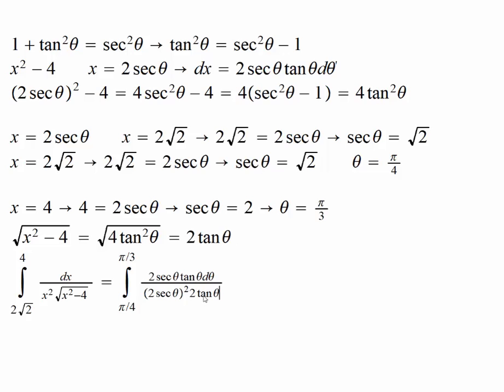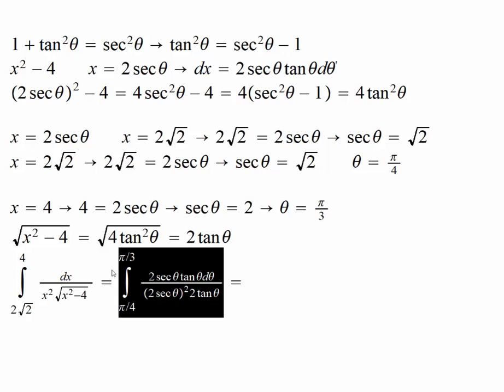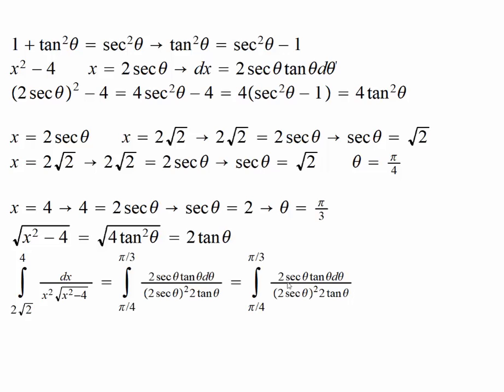All right, so let's try to simplify so that we are able to integrate. First of all, this 2 square is going to become 4, and by the way, this is misplaced here. This is secant square theta here, right? It becomes times 2 tangent theta. Now what will happen?